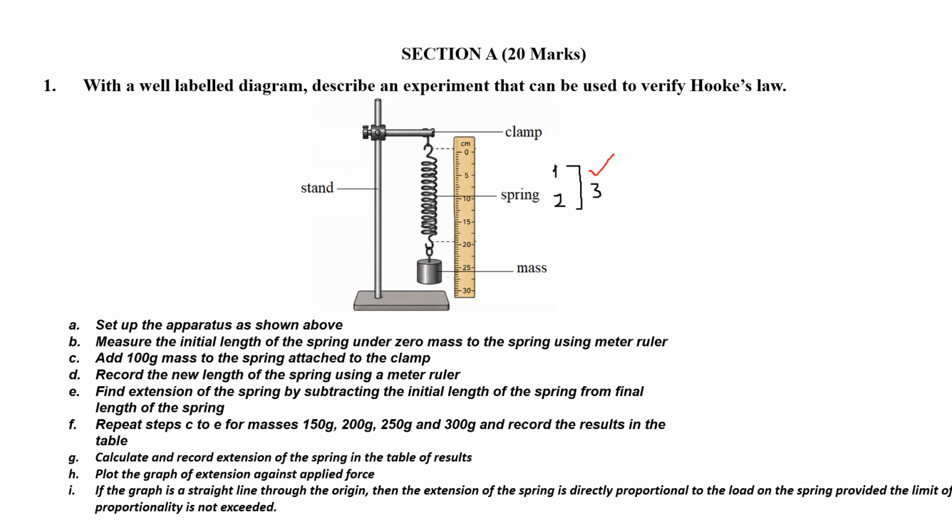All right. By saying measure the initial length of the spring under the zero mass, so measure what? The spring, the initial length, 1 mark. When there's no mass on it, another mark.